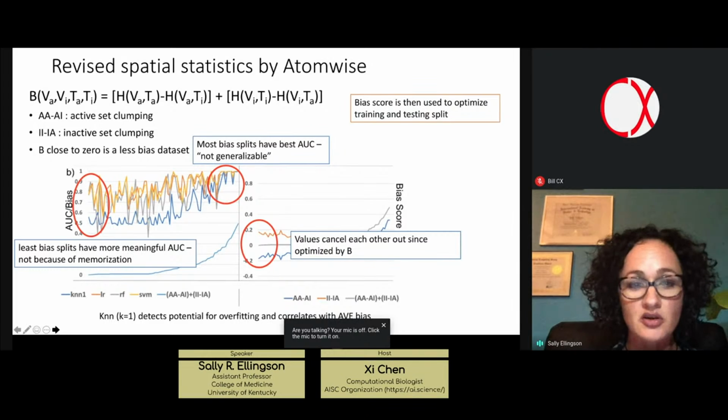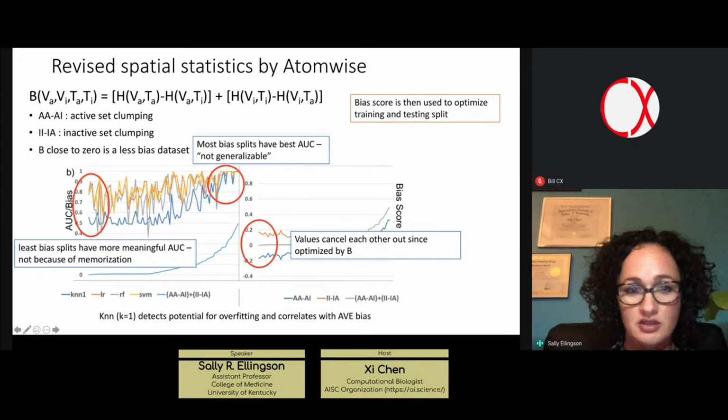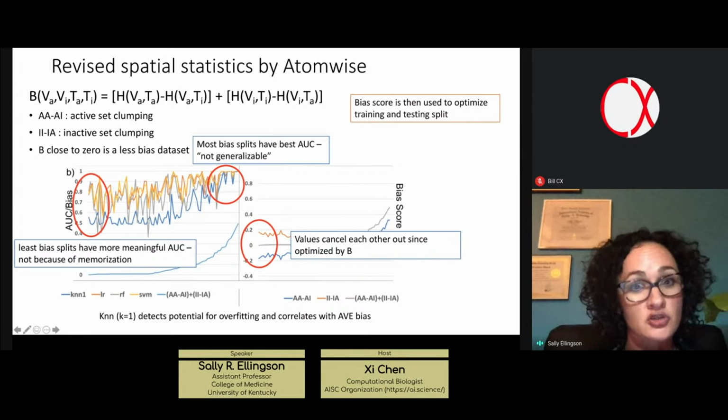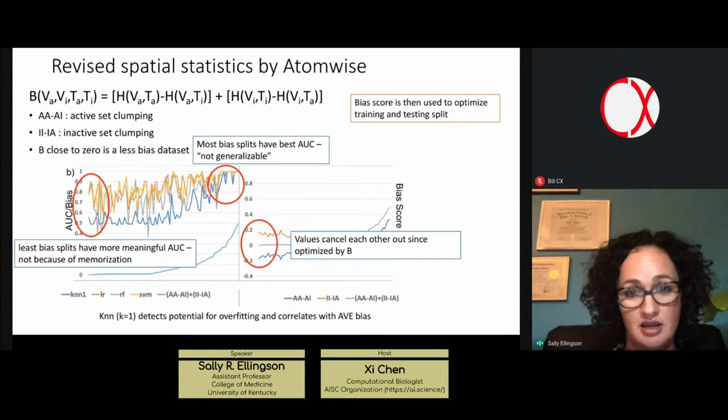Some things to note about this, we can see that the most biased splits, the ones with the highest bias score, have the best AUC, but based off of this, they're not generalizable to things outside the data set, or we cannot assume that they will be generalizable to things outside the data set. And the things that have the least bias have a more meaningful AUC because the AUC is not based off of memorization, because the k nearest neighbors is not high.